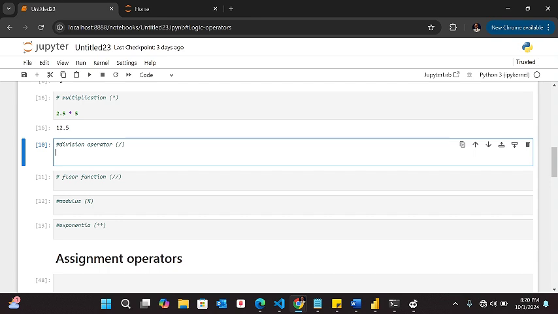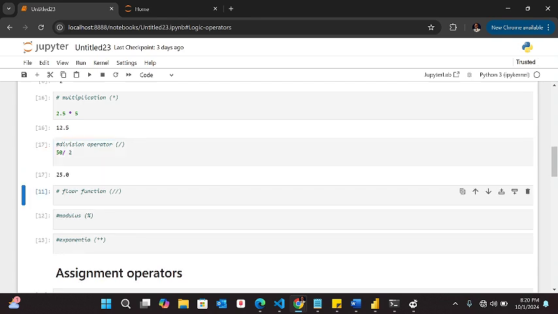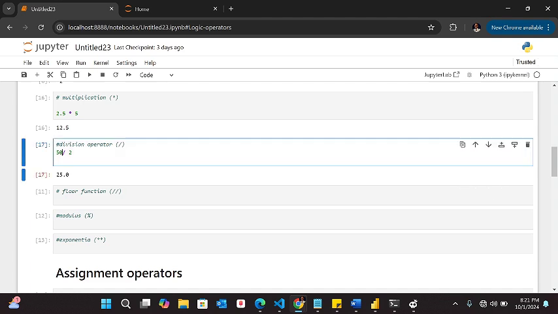Then we have the division operator. The division operator is symbolized with the single forward slash, right? This division operator divides a number and returns the result as a floating point data type, or a decimal point value. So let's say we have 45 divided by 2.